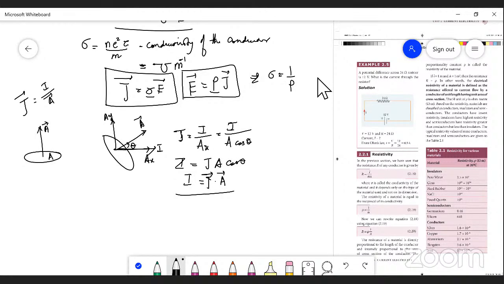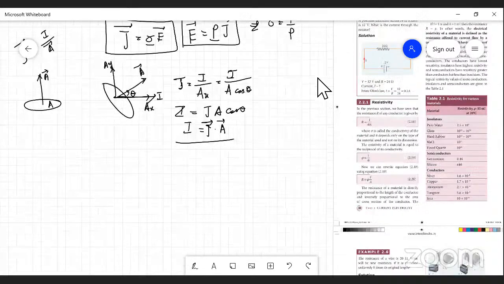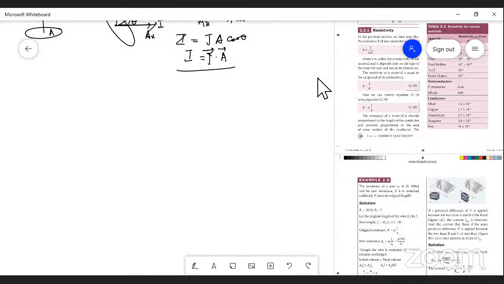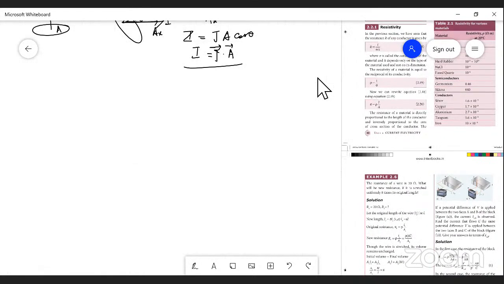So we already got the expression for current density, J vector equals sigma into E vector. Also, we can write E vector is equal to rho into J vector. As I told you, the value sigma, which we discussed, is nothing but conductivity. Conductivity sigma can be related with resistivity like this.